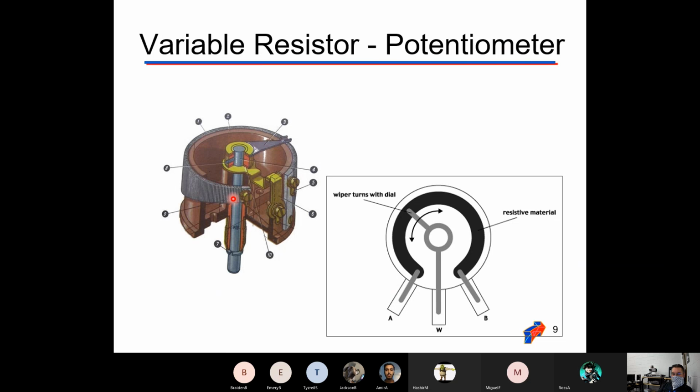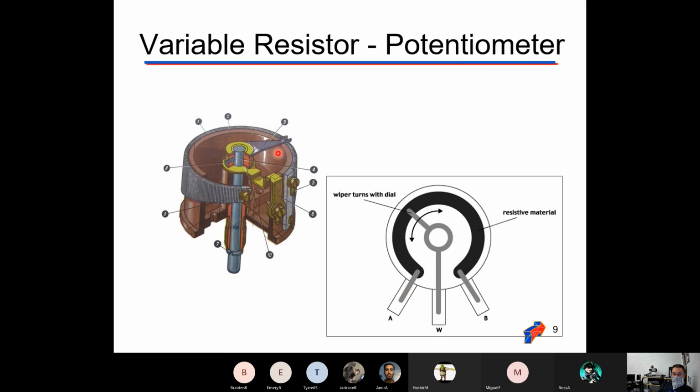All these little wafers or pieces are all different values of carbon. You can't really tell, but from here you have a point that is going to get connected to a wire coming out. So that's this point right here.